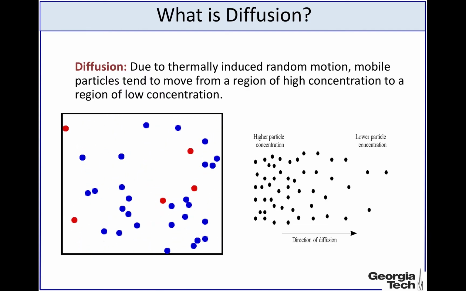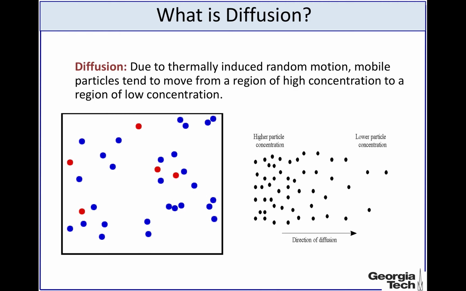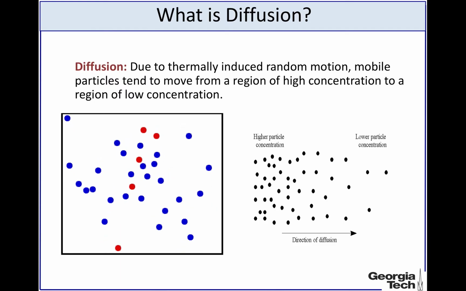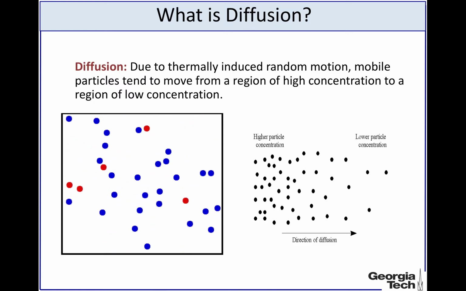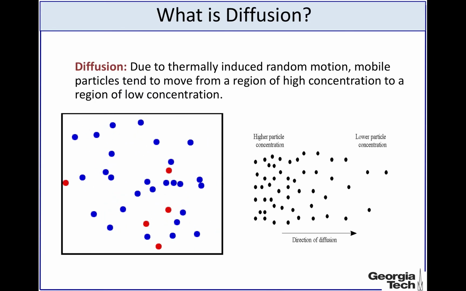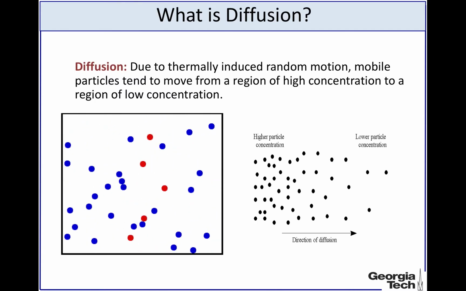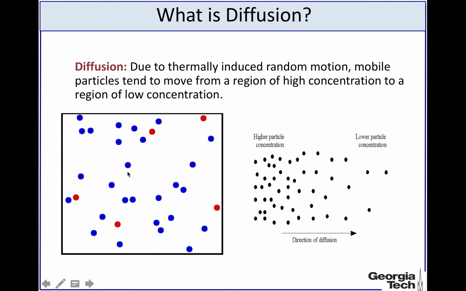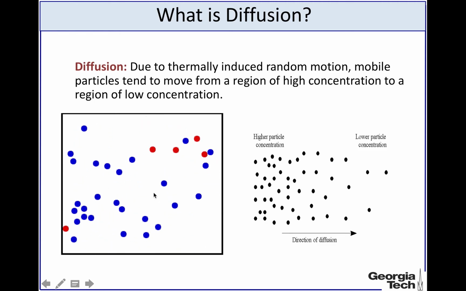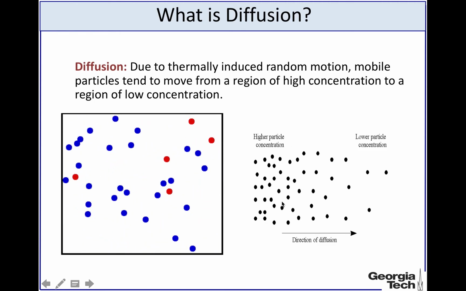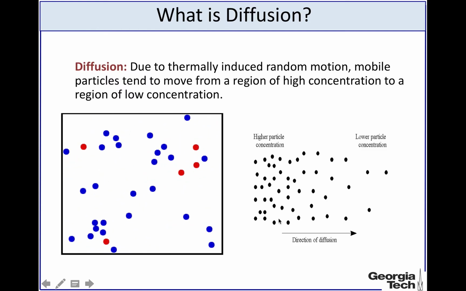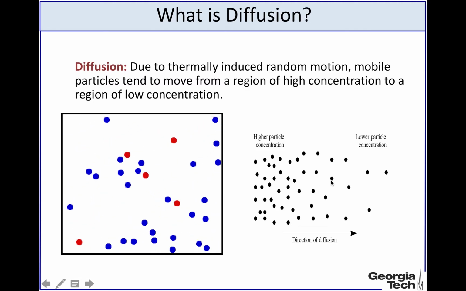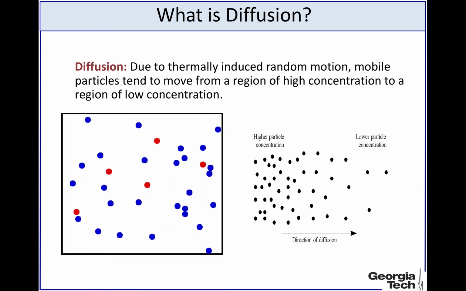At any absolute temperature T, an electron or hole will have a thermal energy of 3kT, and as a result they go through a random motion like this. Due to this random motion, if in one region there is a higher concentration of electrons or holes, they will on average flow towards the region of lower concentration, and that's the concept of diffusion.